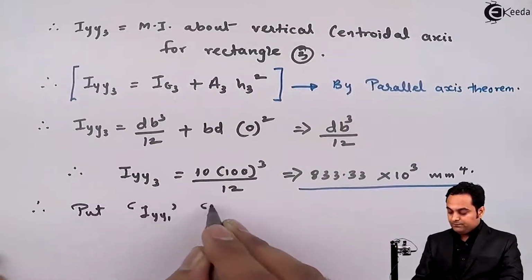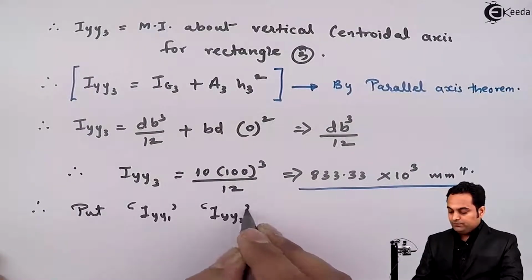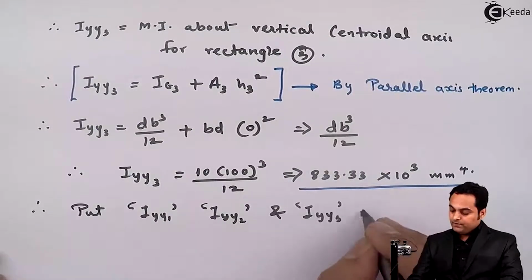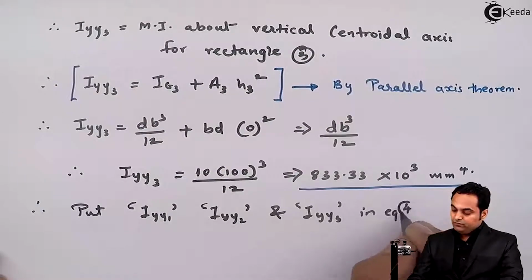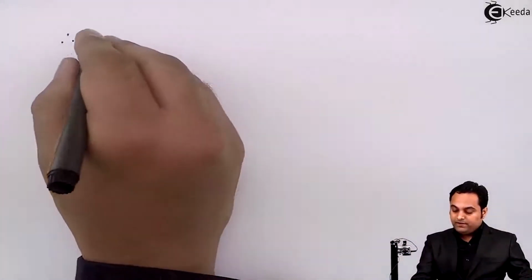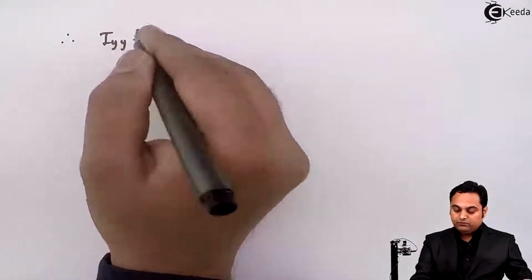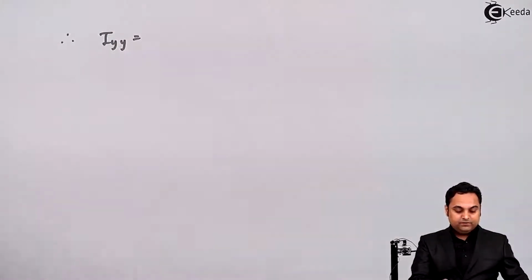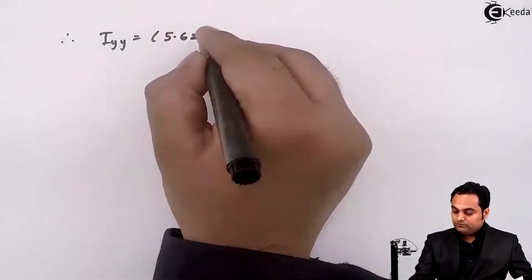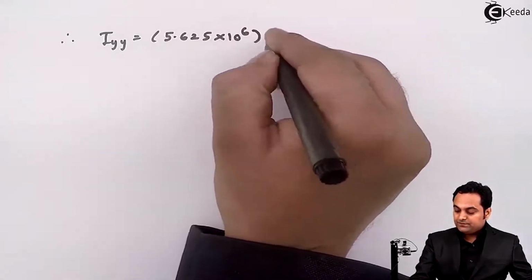So therefore, Iyy is equal to Iyy1, that was 5.625 into 10 raised to 6.